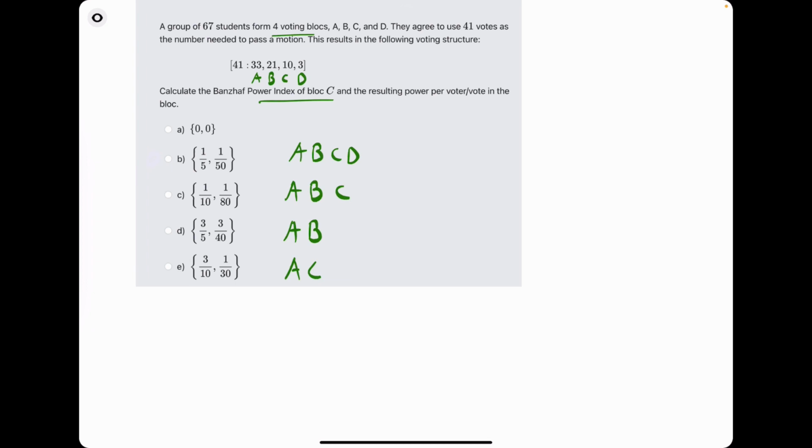So every winning coalition, I think, needs A. So basically, it's just, what are all the combinations with A? So maybe ACD. Have I done ABD? I have not. ABD. ACD, ABC, ABCD. AD would not be one because that's only 33 plus 3, which is 36.